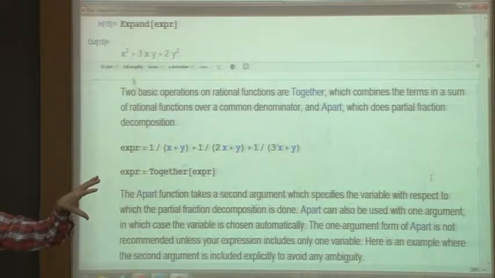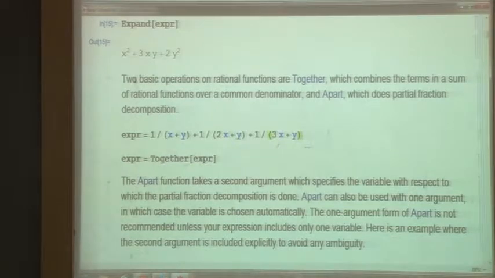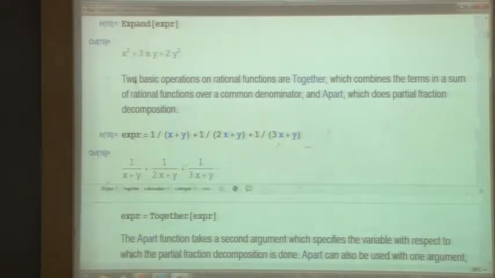Another typical operation of rational functions: we can put two rational functions together or we can separate them. For example, for integration, sometimes we need to separate. So this is again a typical example. We got this expression and we want to put it apart, or put it together in this case because it's already apart.